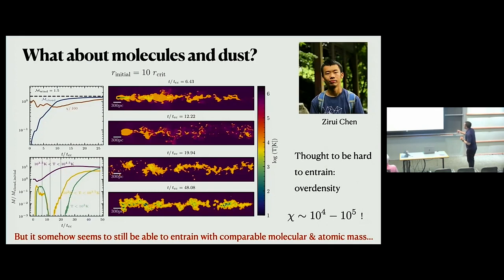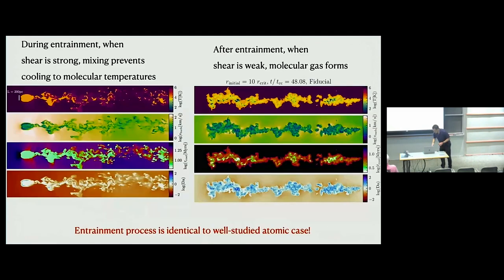So what happens is that when the cloud has the wind blowing on it, it's mostly atomic. And it's only after it's co-moving with the wind that molecular gas starts to cool out. And you can understand this quite easily just from this ratio of the mixing time to the cooling time that I mentioned earlier, but simply within the cloud, right?